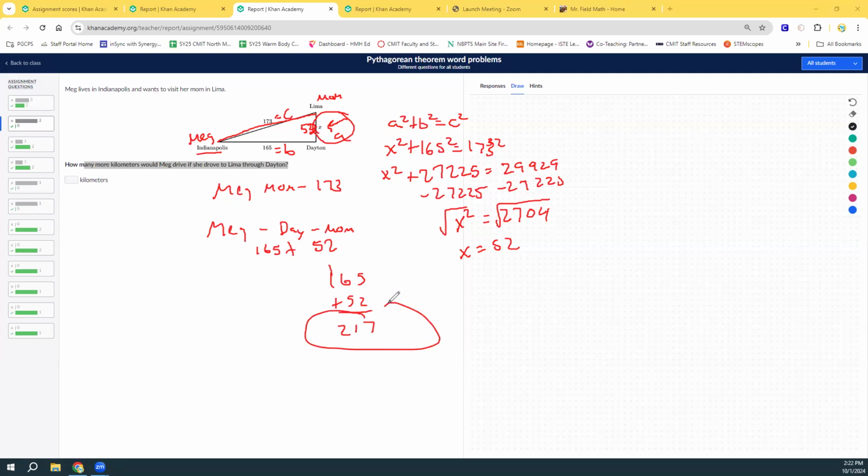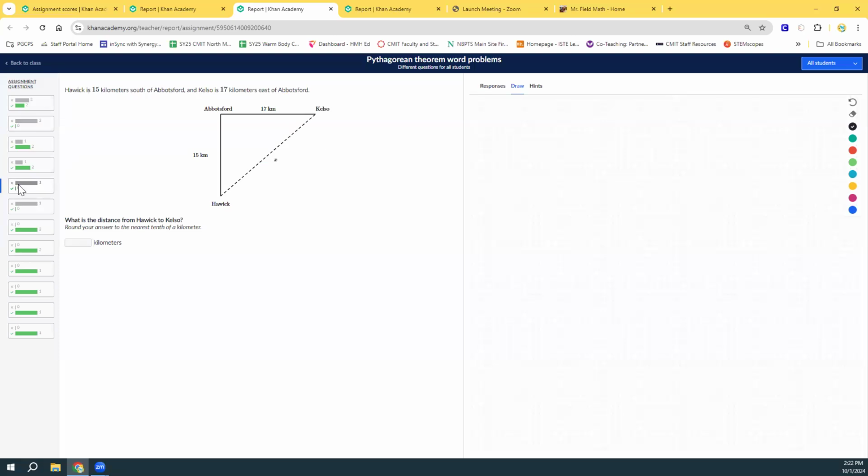So 217 versus 173. The question said, how many more miles is it to go through Dayton? So the final step is to subtract. Nothing from this process is overly difficult, but it is a multi-step process. 44 miles. Okay, and we're going to do one last problem and call it a video.